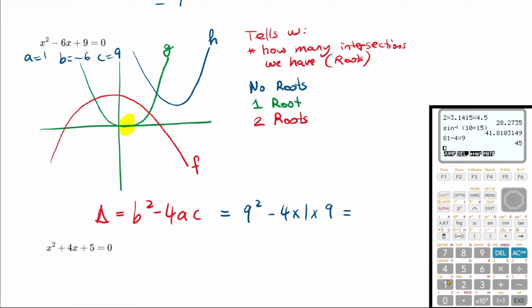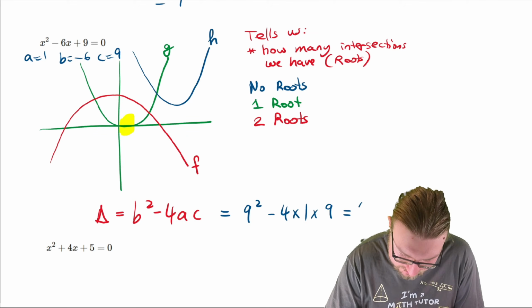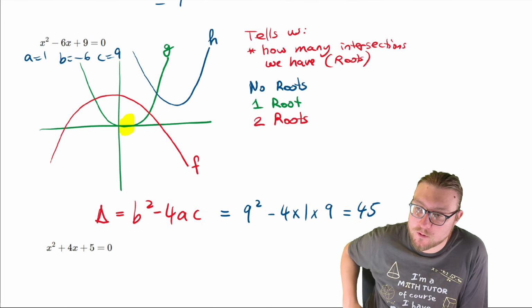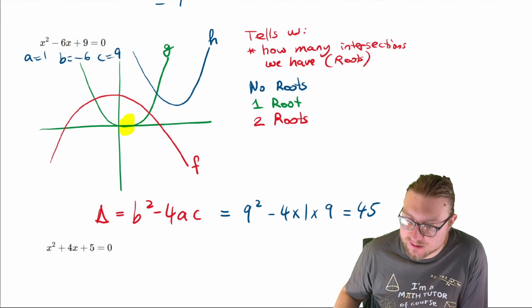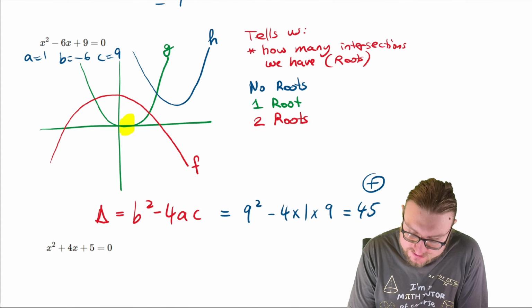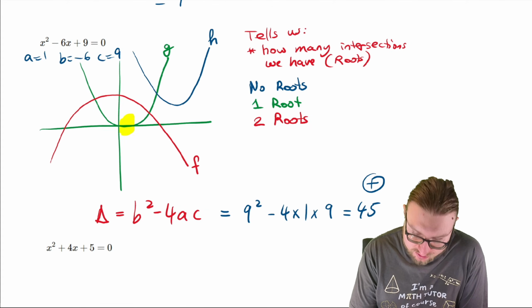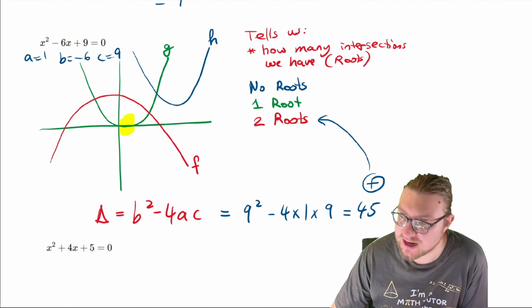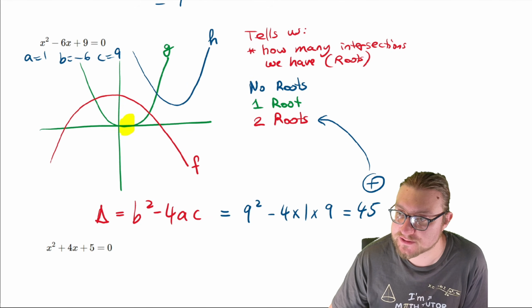There we go, which is 45. Brilliant. Okay, so what does that mean? Now, we don't actually care really what that number is. What we care about is if it's positive or negative. So again, here we have a positive number. That means we have 2 roots. So if we were to put this in the calculator, we find ourselves 2 roots.